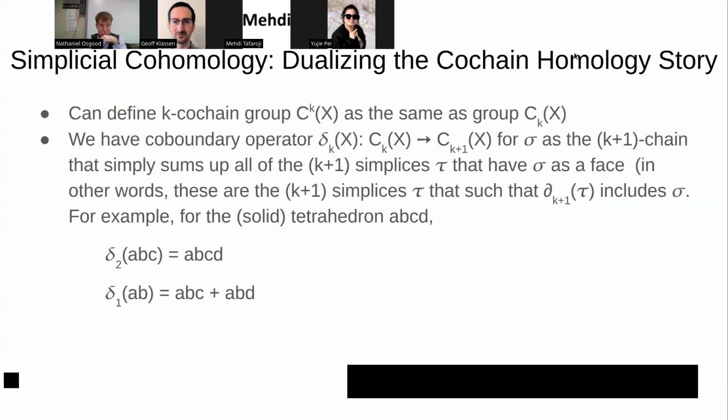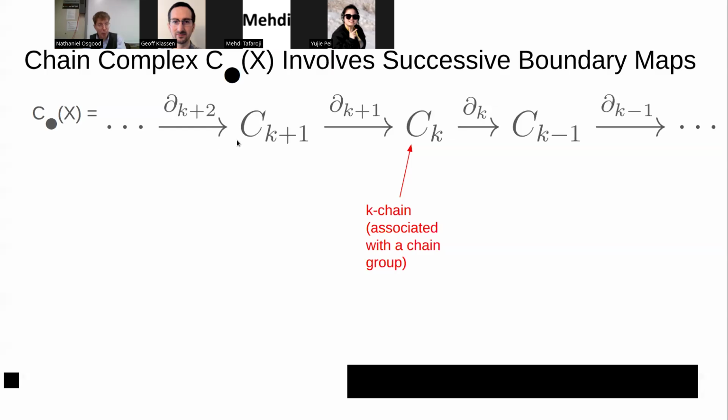Okay, so we've just been talking about the chain complex for homology, where each of these is associated with chain groups, free abelian groups, where the basis is given by the k simplices, and we can have any integer amount, including negative amounts, of each k simplex.